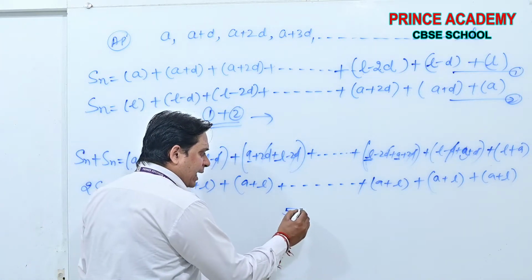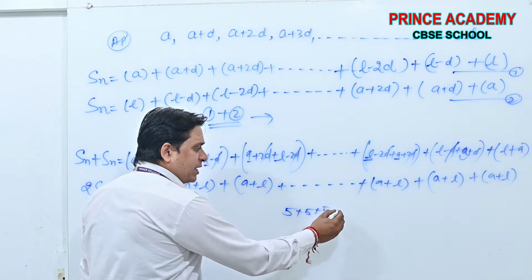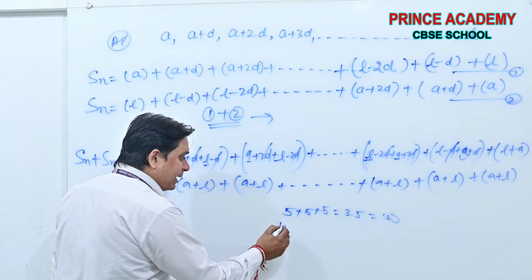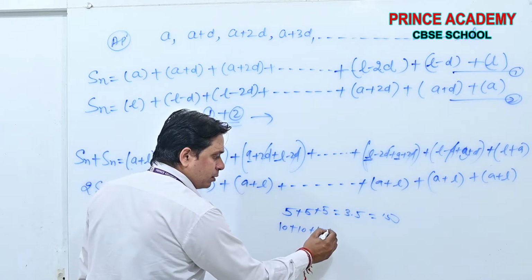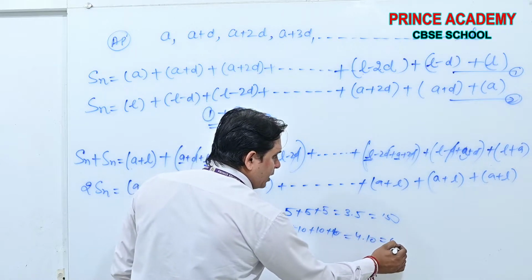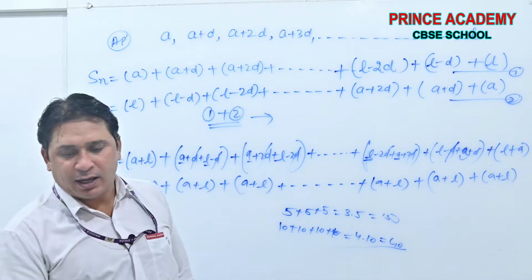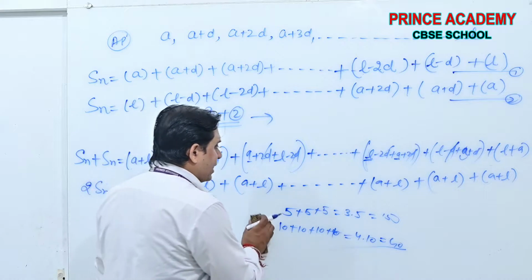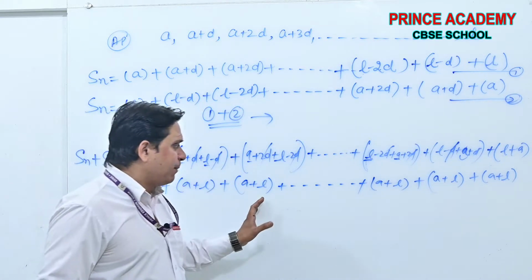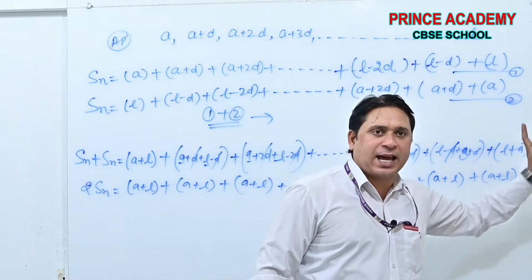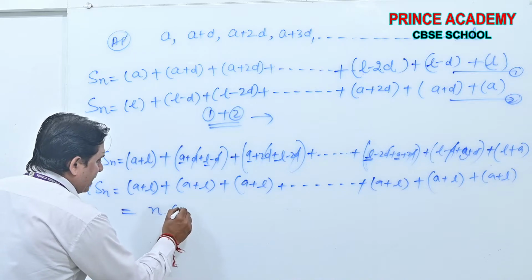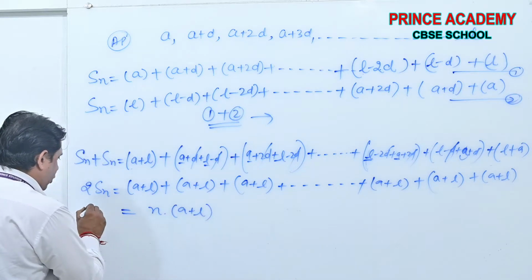Now see beta, what I am doing here. I am adding 5 three times. What does it mean? 3 into 5. Yes or no? I am adding 10 four times. What does it mean? 4 times 10, that is 40. In the same way, what we are doing here, we are adding A plus L, A plus L, A plus L n times. Therefore, it can be written as n times A plus L. Yes or no?